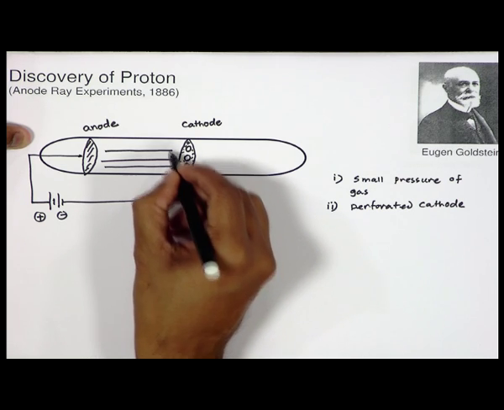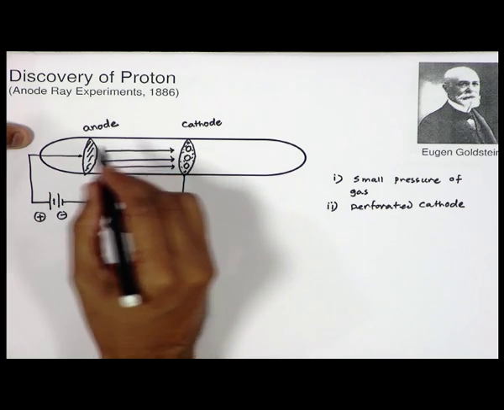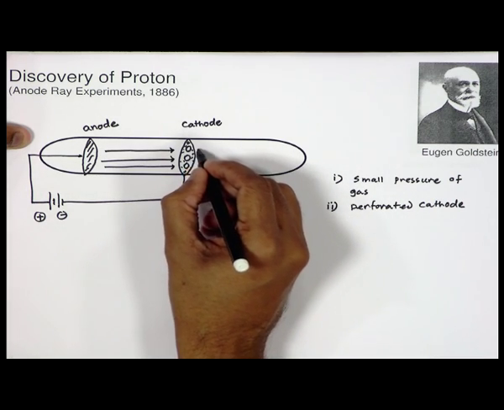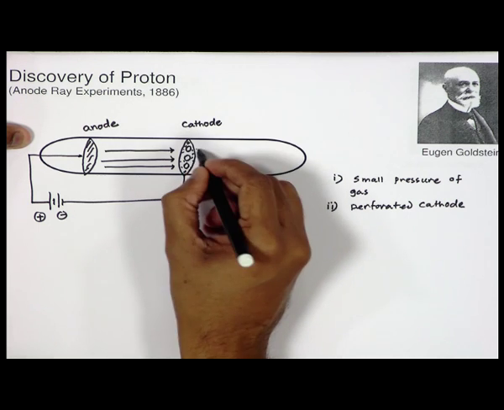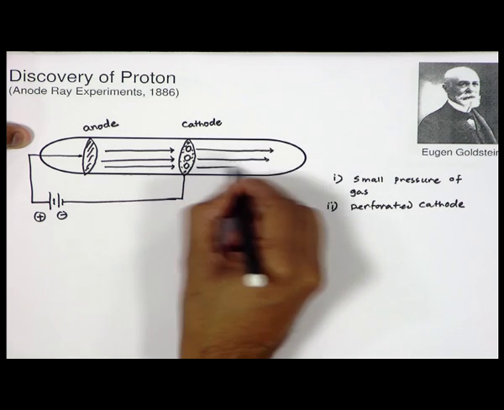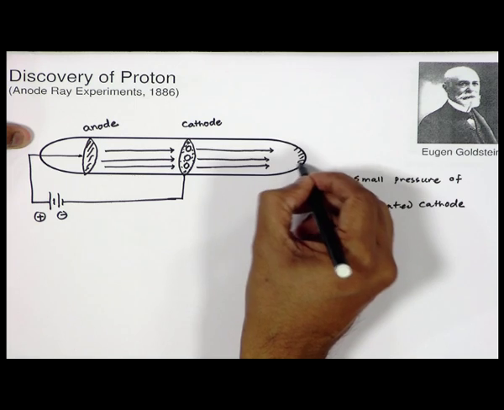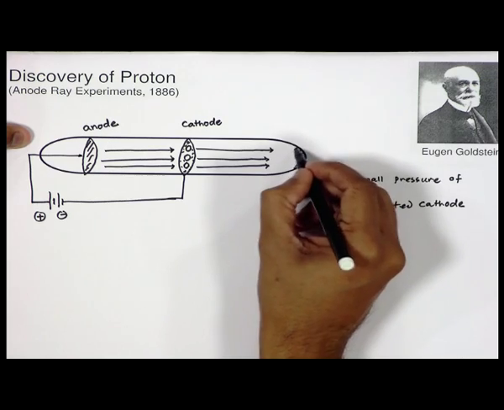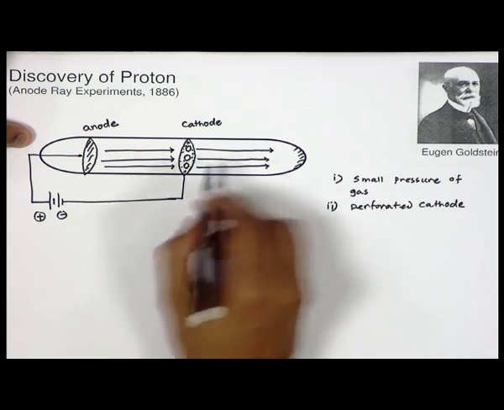So, we see some rays now from anode to cathode, and these are positively charged. Since we have a perforated cathode plate, these rays pass through the cathode and can hit the screen. We can have a zinc sulphide coating here, so that we can see bright light when the rays hit the screen.